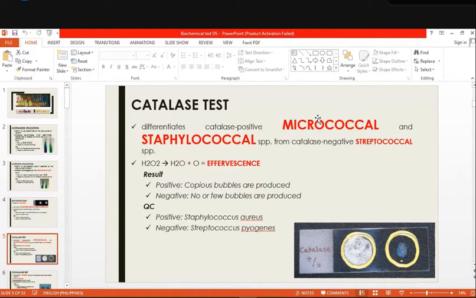Bakit? It protects the organism from oxidative damage from reactive oxygen species. So that the catalase enzyme now neutralizes the bactericidal effects of hydrogen peroxide, and its concentration in the bacteria has been correlated with the pathogenicity of the organism.